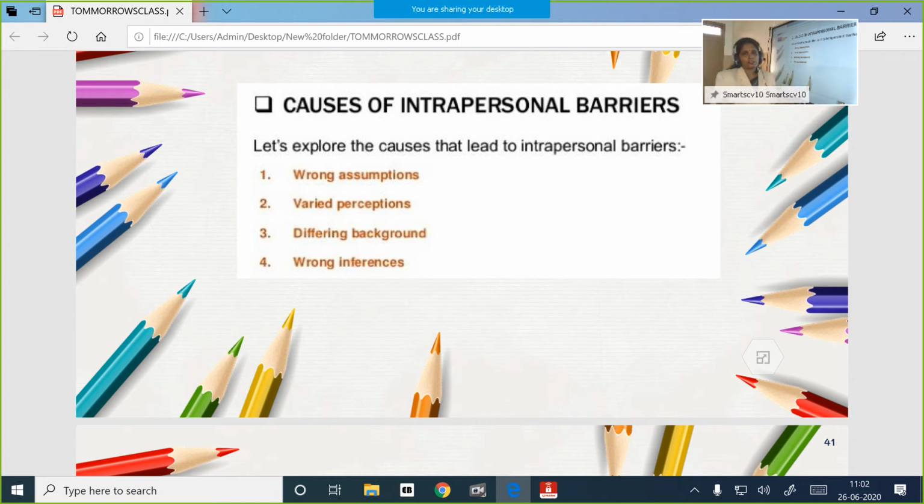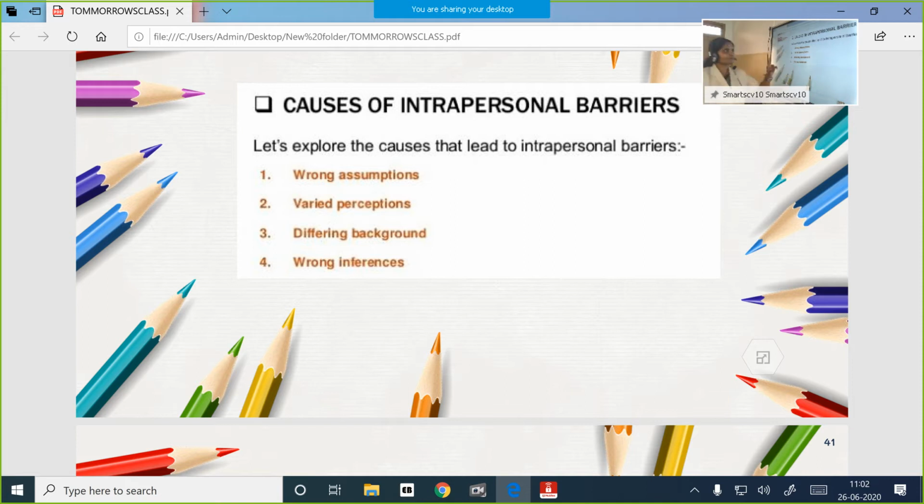Then wrong assumptions. If we see somebody, we don't go and talk to them because we are afraid of how they will take it, how they will treat us, how they will respond to our communication. We have a wrong assumption, and we are very, very afraid of speaking up.